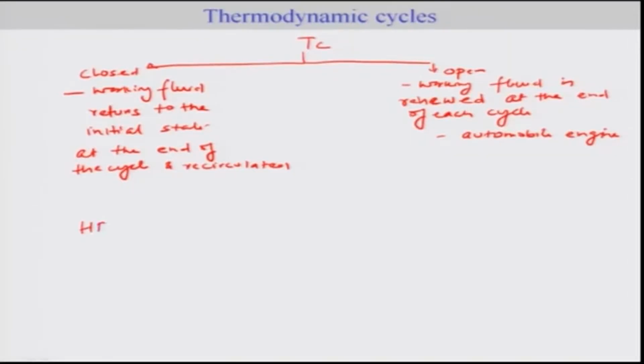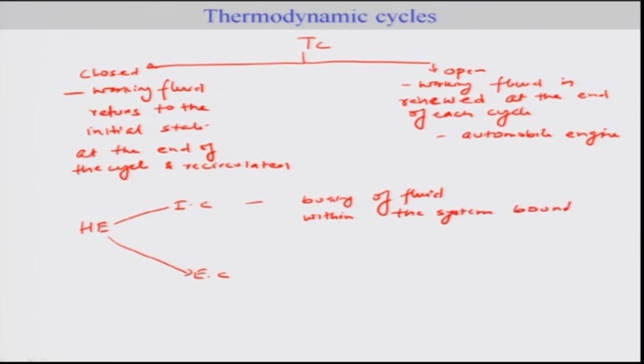Now, if we discuss the heat engine, which basically makes use of a thermodynamic cycle, we can categorize the heat engine based on internal combustion or external combustion. Internal combustion would be the case where the burning of fuel occurs within the system boundary. So this will be your automobile engine.